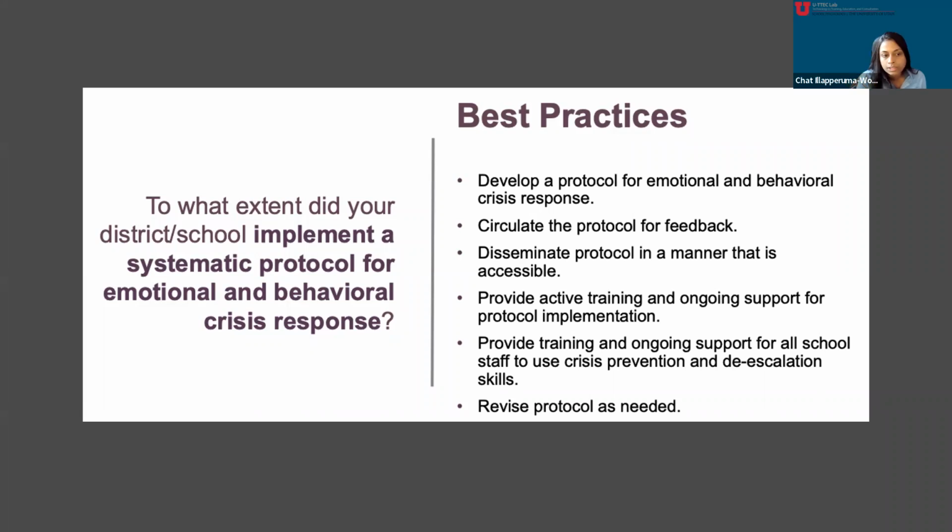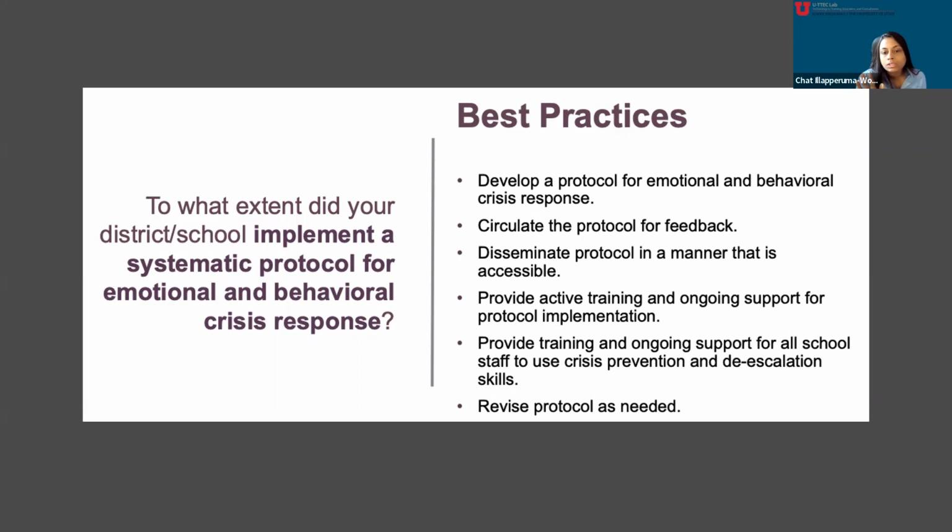So regardless, I felt like this was an important best practice to include. Having and implementing a systematic protocol for these sorts of crises is very important for a comprehensive school mental health system or framework, and particularly relevant to the tier 2 and tier 3 services.